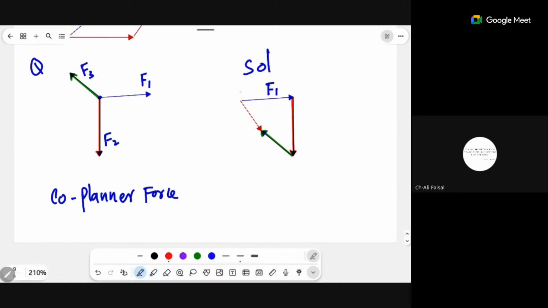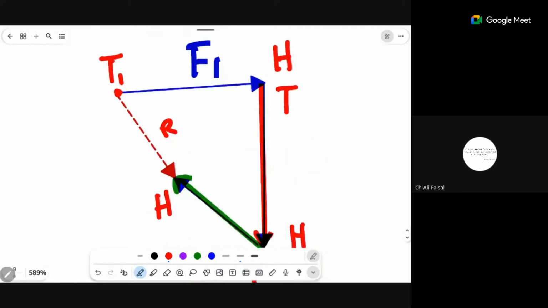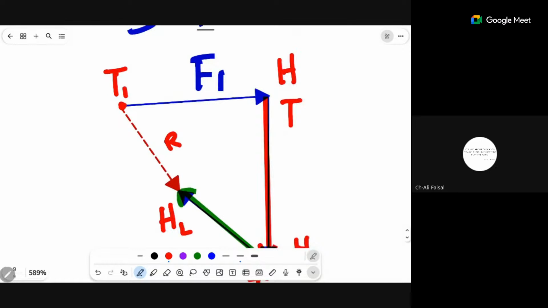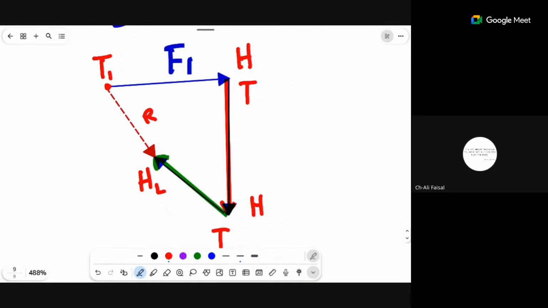Tip to tail means tail and head. Then the next one will have tail over here and head here. The next one will have tail over here and head over here. So what will be the resultant? Resultant will be basically starting from tail of first to the head of last vector. Remember, this is a really important concept, and past papers have a lot of questions based on this idea.